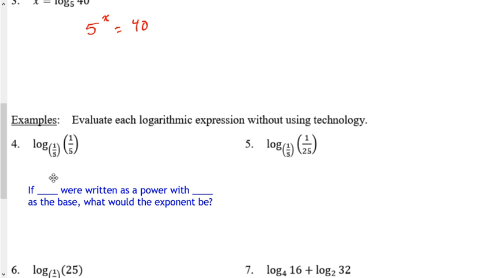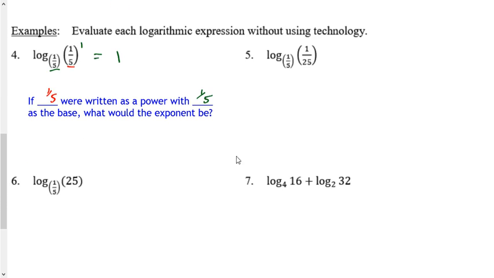If 1/5, which comes from here, were rewritten as a power with a base of 1/5, and that's coming from here, what would the exponent be? Well, it is already 1/5 to the exponent 1, so this equals 1. Let me think through these same words, but I won't recopy them for the next one.